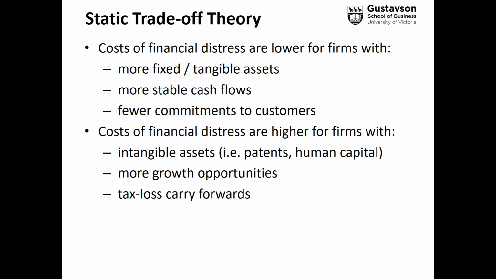The costs are higher, however, for firms with intangible assets, such as technology firms or pharmaceutical companies, where patents and human capital tend to be very large. They also are high for firms with growth opportunities, because if these firms go bankrupt, they won't be able to exploit all that future profitability. And finally, the costs are high when firms have tax loss carryforwards, because going bankrupt makes those tax loss carryforwards worthless.